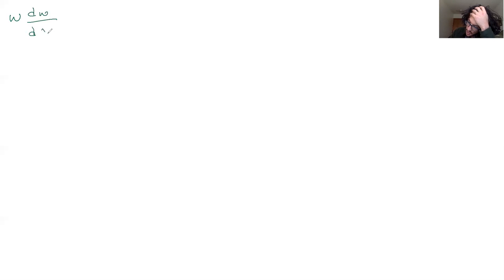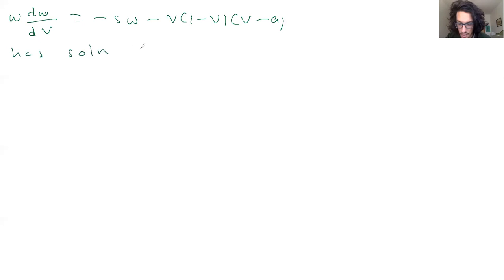So w dw/dv, if I just divide through by w, but then I multiply through by w, I get minus sw minus v(1 minus v)(v minus a), okay? And what we can do is show that this has a solution of the form w equals kv(1 minus v), okay?